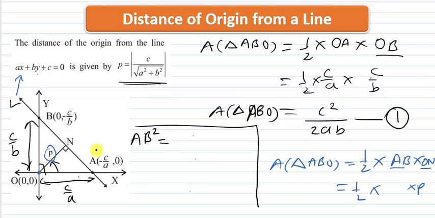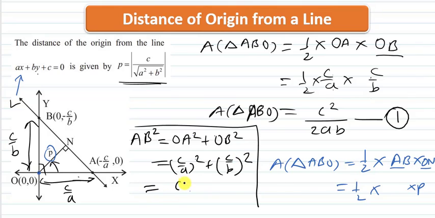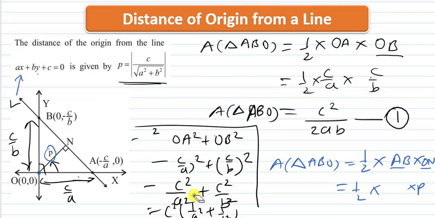So square of OA plus square of OB, and the length of OA is c by a, bracket square. Length of OB is c by b, bracket square. It will be c square by a square plus c square by b square. Here if I take c square common, what will I get? 1 upon a square plus 1 upon b square. What will I get?